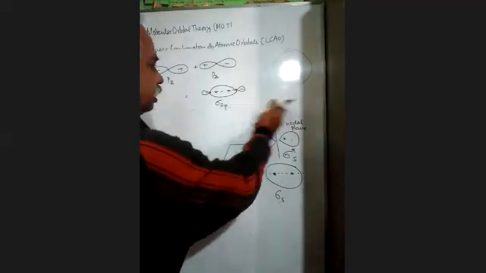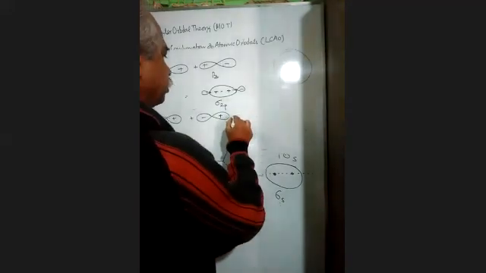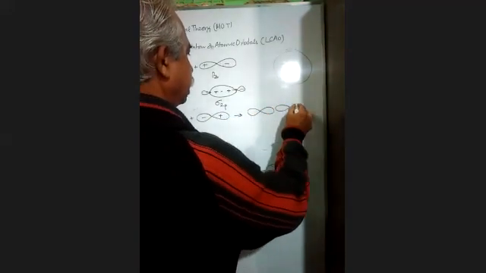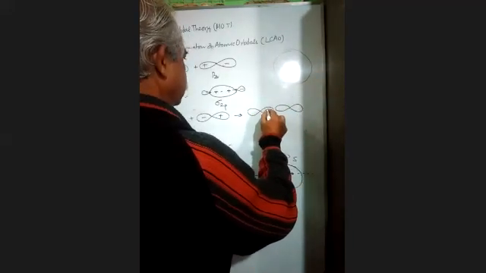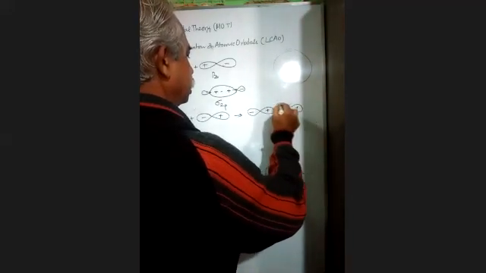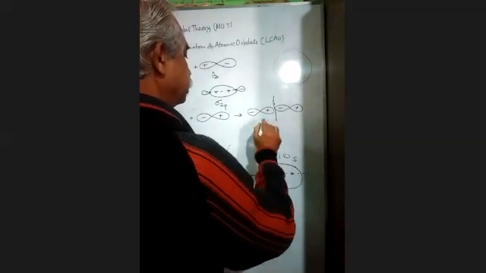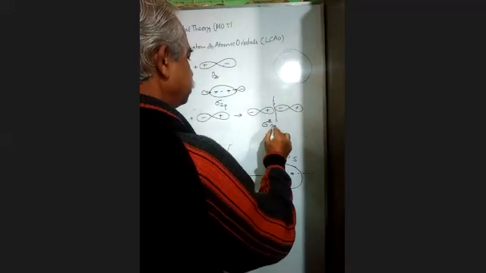Now, if the symmetry is not maintained, see here, in this case they are not going to form a bond. This is sigma star 2pz.